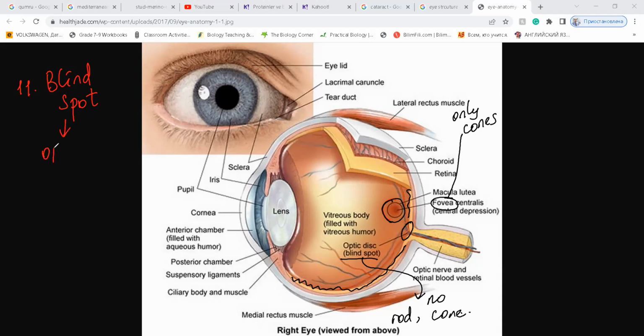Because the optic nerve extends from here. Look, the optic nerve takes impulses and gives them to the brain from this region. Don't forget, guys, the optic nerve is a sensory neuron. It contains only sensory neurons. Why? Because you know that sensory neurons take impulses to the brain, and this optic nerve also takes them to the brain.